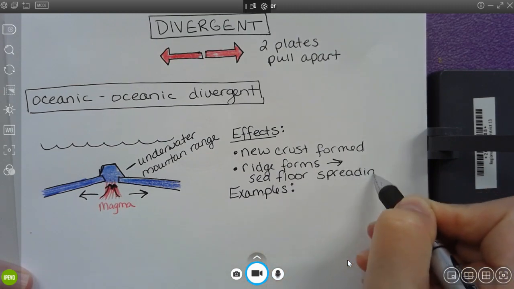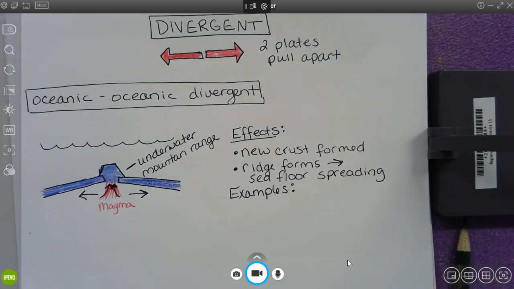So in the middle of the Atlantic Ocean, we have a ridge that runs north to south. It actually goes right through Iceland. It's breaking Iceland apart, actually. And that is actually called the Mid-Atlantic Ridge. So what's happening is, in the middle of the Atlantic Ocean, you've got this ridge, and it is spreading apart, and there is new crust forming as we speak under the ocean.